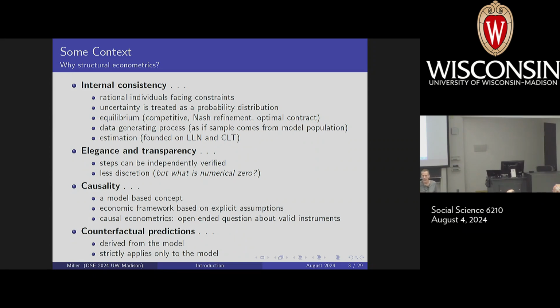Uncertainty treated as a probability distribution, typically something that people in the model know or know something about, and you specify what they know. A notion of optimization within equilibrium, whether it's competitive equilibrium, monopoly, non-cooperative, maybe optimal contracting.